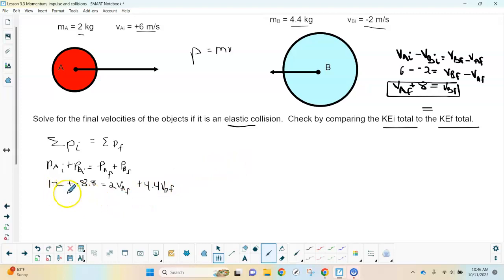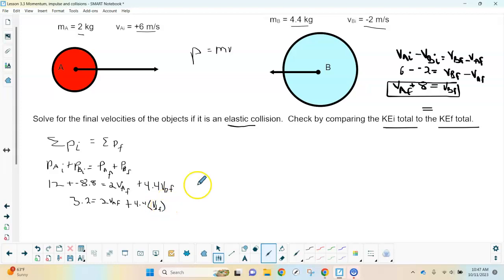So 12 plus a negative 8.8 is 3.2. And then I have all the same letters on the right side, so 2 VAF plus 4.4 VBF. And this is where that other equation is going to be useful.